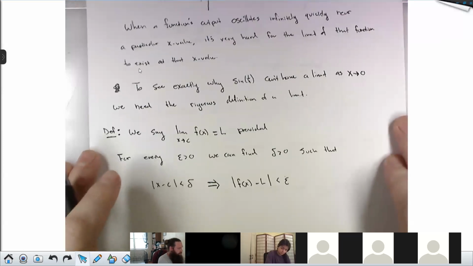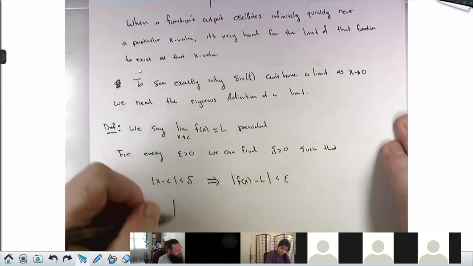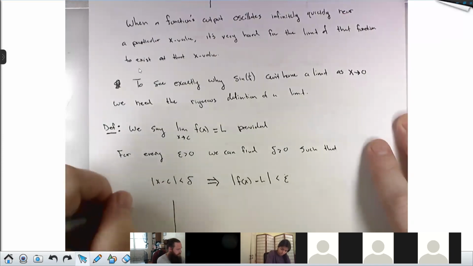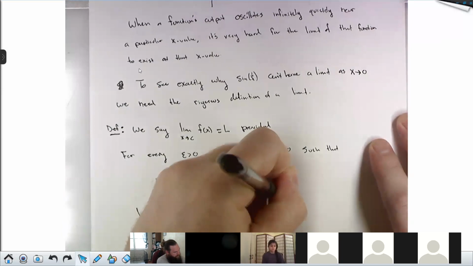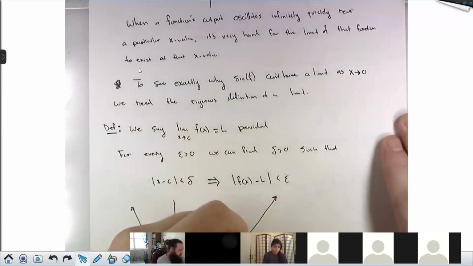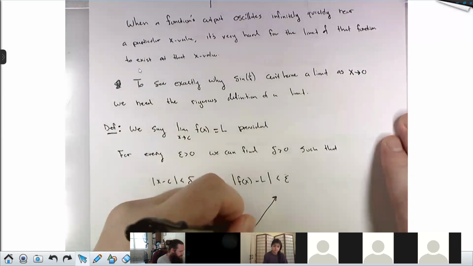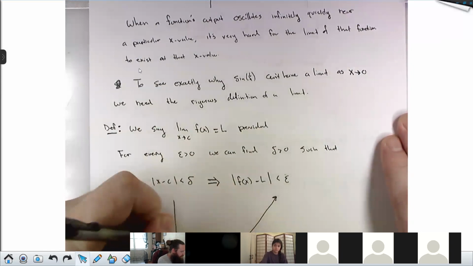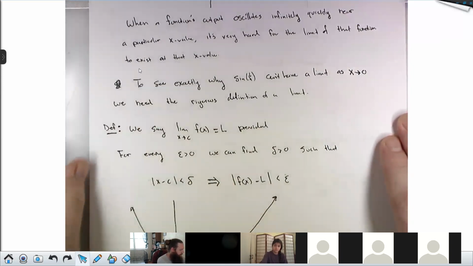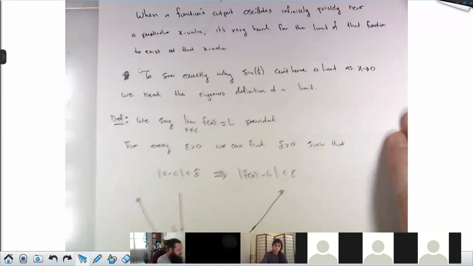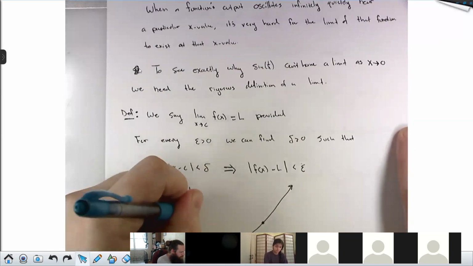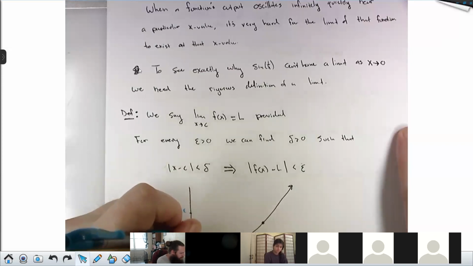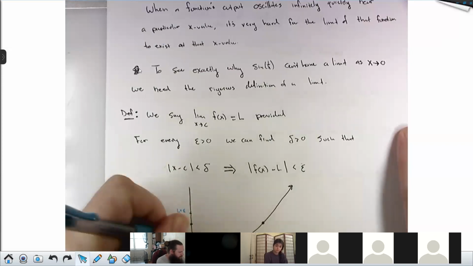And the picture that kind of goes with this: let's say here is my c. Here is my L. You kind of pretend like God gives you epsilon. Something beyond your control picks the number epsilon.